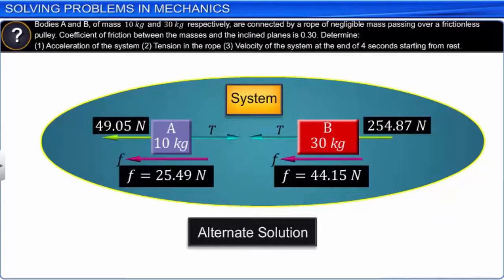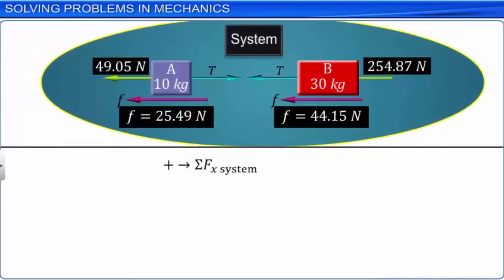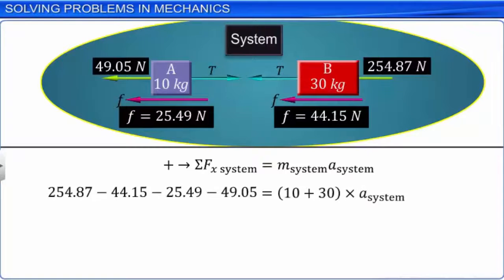The net force of the system along x direction is equal to the product of the total mass of the system and its acceleration. Substituting the values and solving, we get the acceleration a as 3.4 meters per second squared.